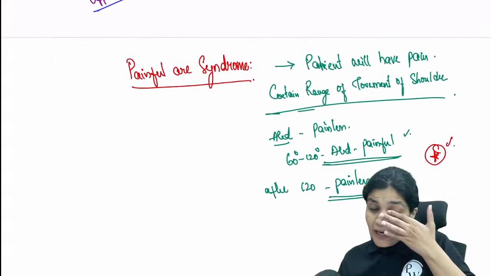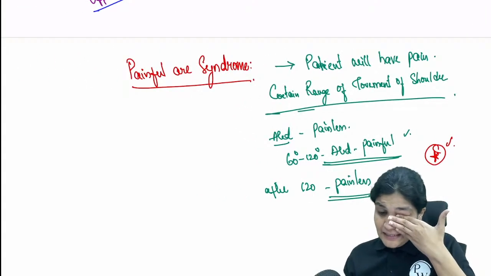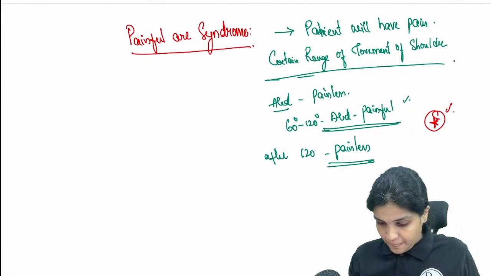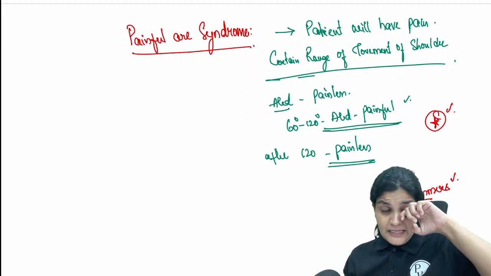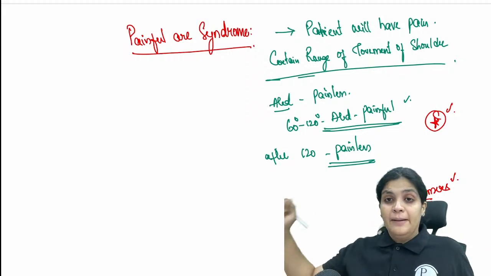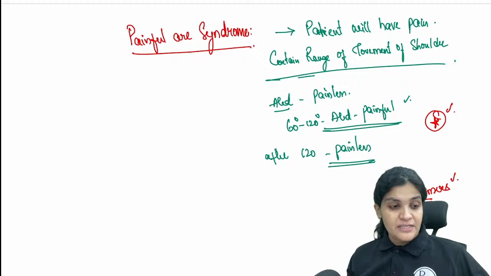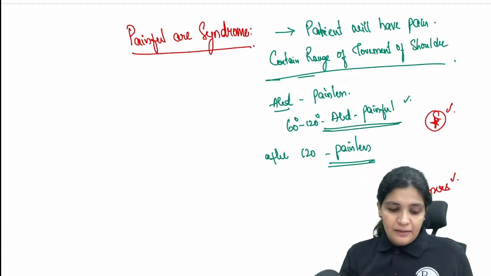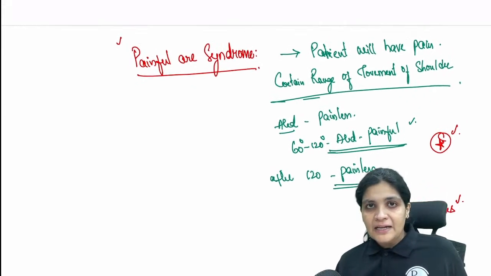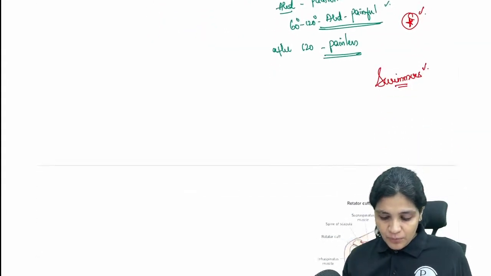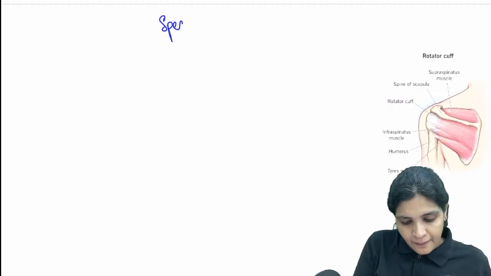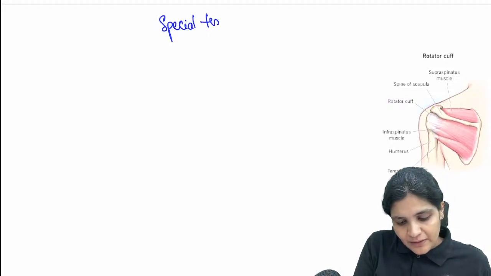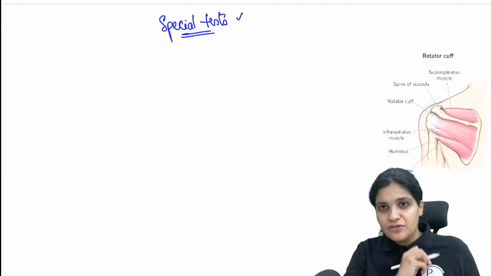This is the painful arc syndrome, and it is mainly seen in swimmers. The reason could be subacromial bursitis or biceps tendinitis, and all these reasons could be there for this painful arc syndrome, right? So once we are done with this, we have to always go for special tests. That is one thing I wanted to discuss, because they will ask you in case of movements.